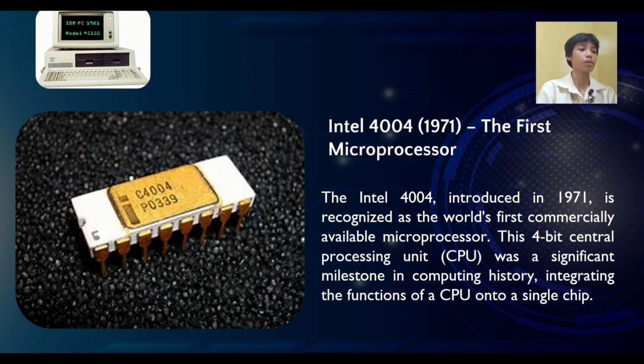This has a 4-bit central processing unit and was a significant milestone in computing history, integrating the function of the CPU into a single chip. So imagine from vacuum tube to transistor to integrated circuitry, and this microprocessor, which is really smaller.